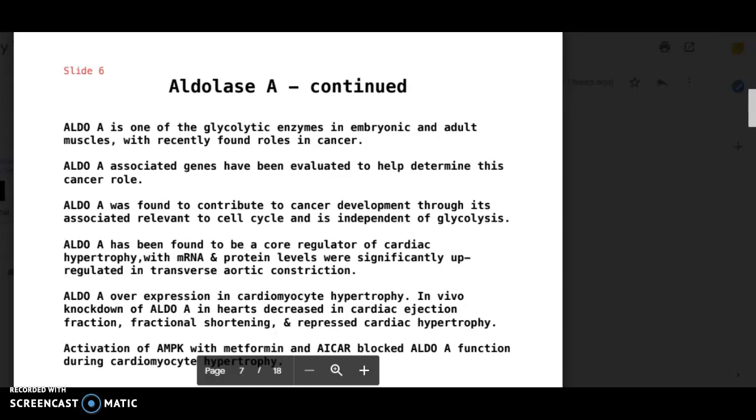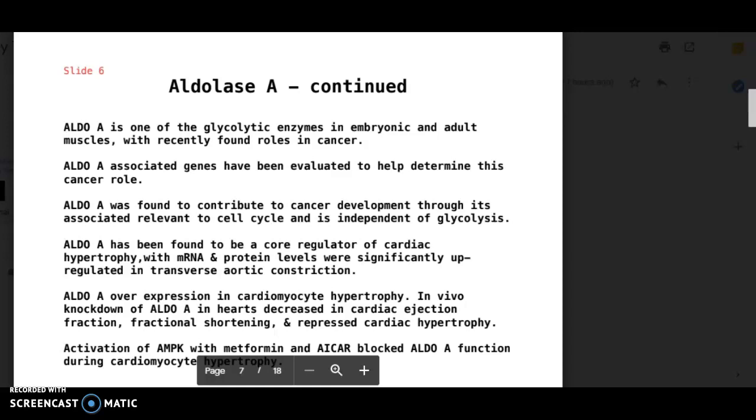In addition, adeno-associated virus 9 mediated in vivo knockdown of aldolase A in the heart rescued the ISO-induced decrease in cardiac ejection fraction and fractional shortening and repressed cardiac hypertrophy.